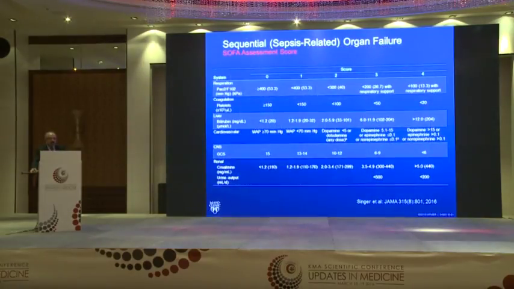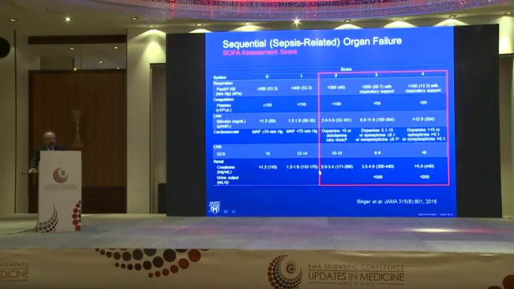Now this is the SOFA, or sequential organ failure assessment score, and if you have any of these criteria, which is 2 and above, the patient has sepsis. So if your PF ratio is less than 300, platelets less than 100, bilirubin is slightly elevated, GCS is less than 12, or creatinine is more than 2 to 3.4, then you certainly have sepsis based on the new definition.